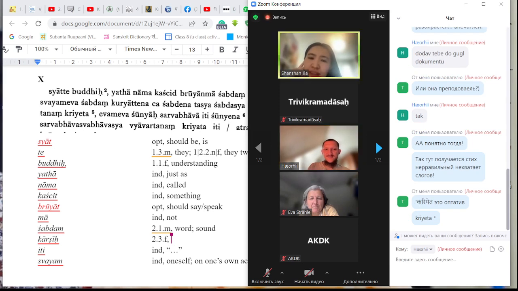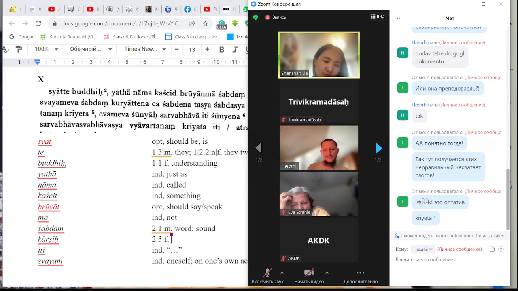This is a tricky question. I think it is basically certain that you can take syate buddhi as one sentence. It is a matter of taste whether you want to put a period or a dash. Grammatically speaking, there is the subject and there is the verb, so we can consider this a complete sentence.